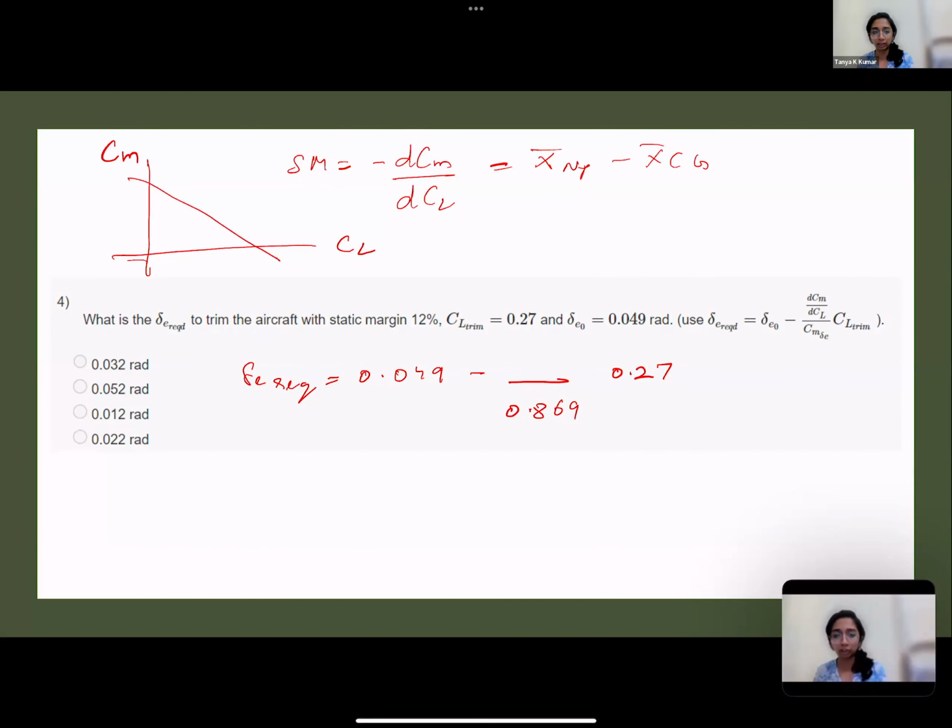It's similar to your CM versus alpha. The negative of the slope is static margin. So for a stable aircraft, static margin is always positive. In our case, it is 12%. When you plug it into the equation, tell me what the answer is. Here it will be minus 0.12.